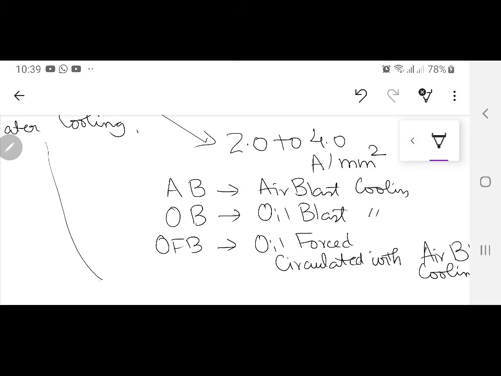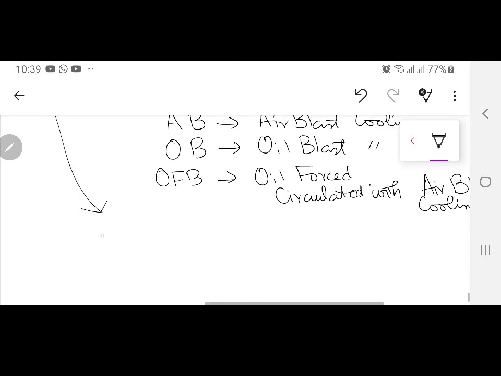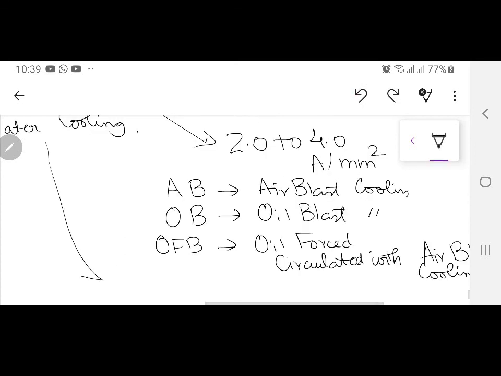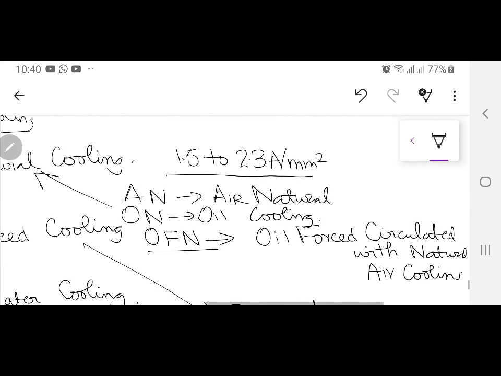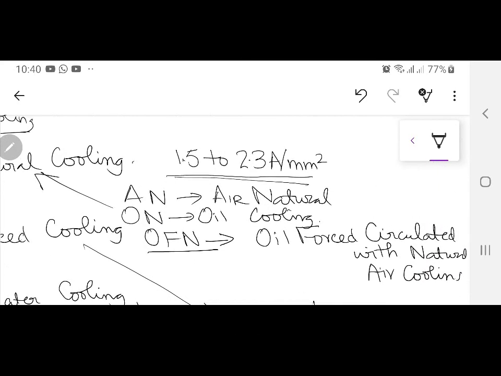And when you have something like a water cooling, then the current density actually comes to be 5.0 to 6 ampere per mm square. So you can see the current density is 3 times more as compared to the first one, which was 1.5 to 2.3.